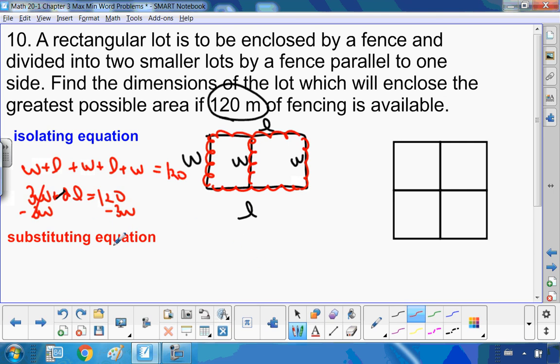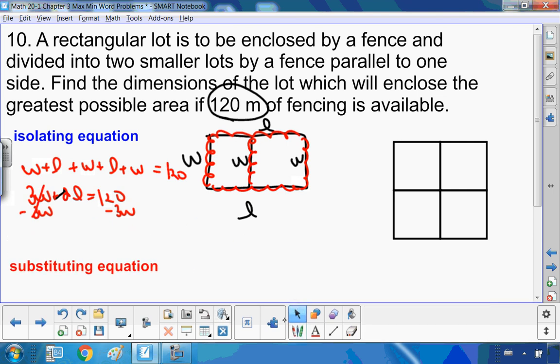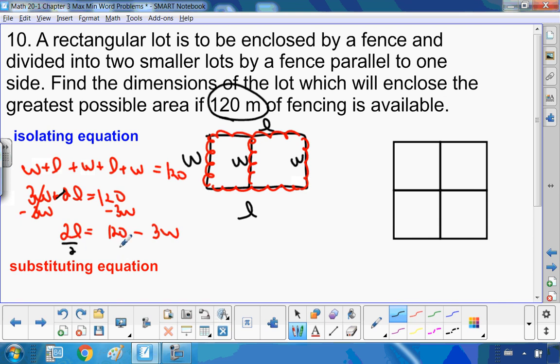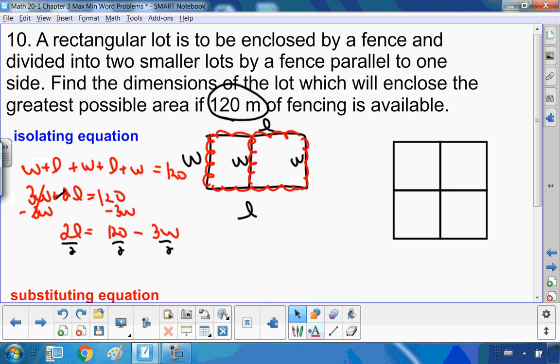So I'm left with 2L equals 120 minus 3W. So I'm going to divide everything by 2 to get my length by itself. And I'm left with the length equals 120 divided by 2 is 60 minus 3 divided by 2, 1.5W.